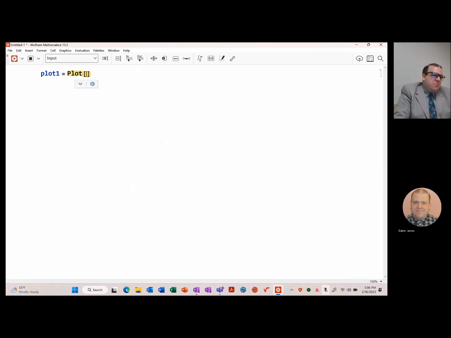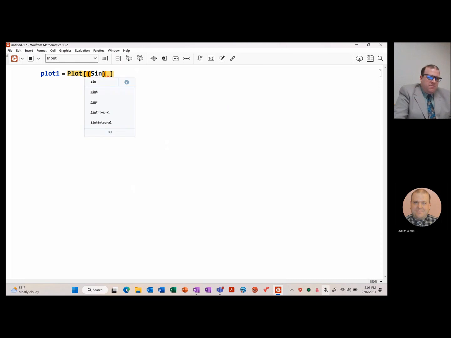If we just plot two functions, the command is Plot. This is used to plot functions of the form y equals f of x. All we have to do is type in the function. Since we're plotting multiple functions, we just enclose them within braces.